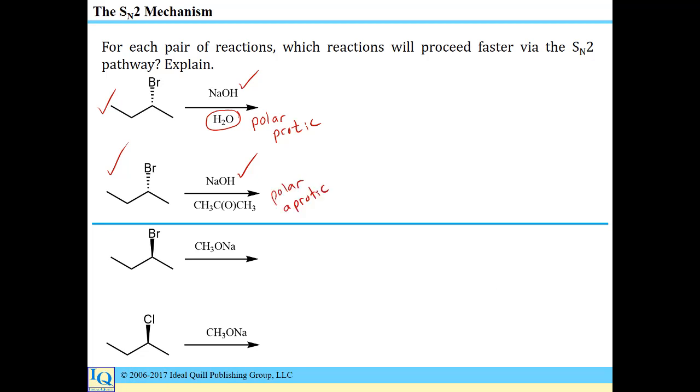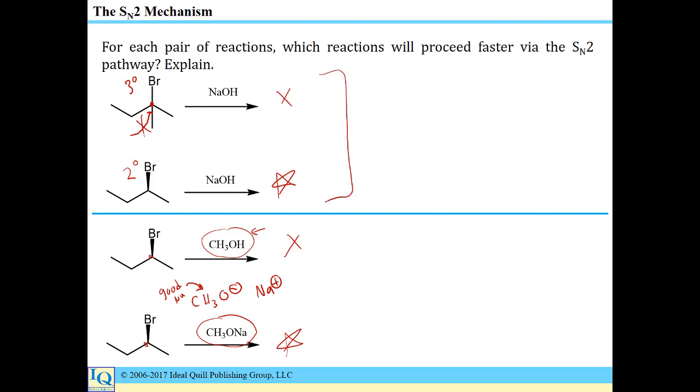We know that a polar protic solvent is capable of hydrogen bonding, which will lead to a weakening of the nucleophile strength. SN2 reactions are faster when your nucleophile is stronger, and this hydroxide nucleophile will be stronger in the polar aprotic solvent.